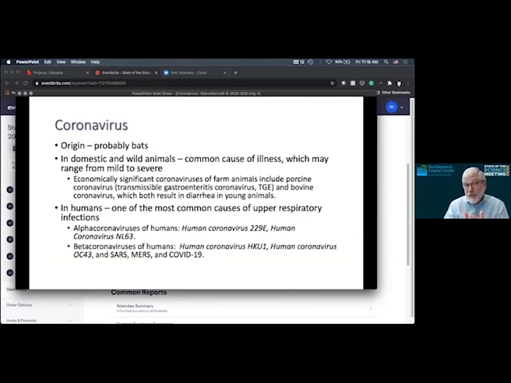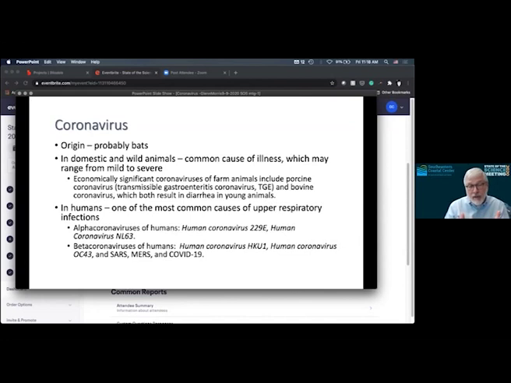It's pretty common in humans. There is a fair chance that everybody on this call has at one point in your life been infected with a coronavirus. There is the group called alpha coronaviruses. There are two of them, 229E and NL63, that are a common cause of upper respiratory infections that are sort of like the common cold.